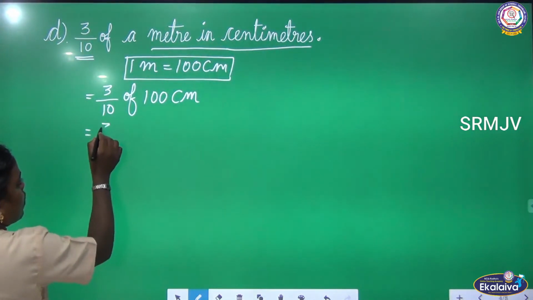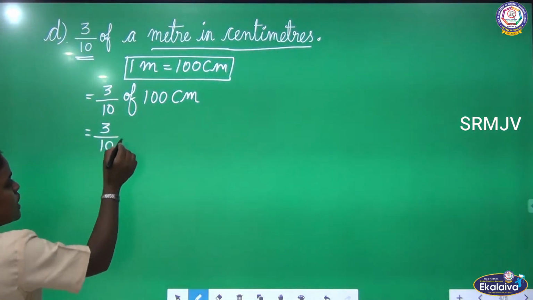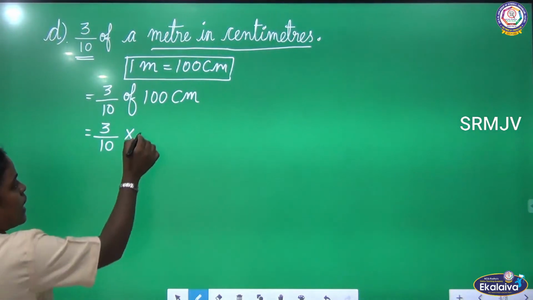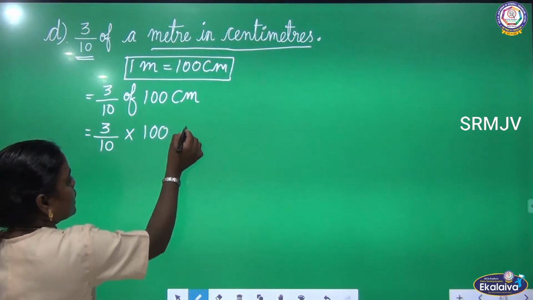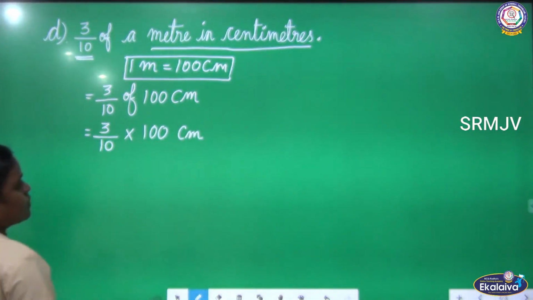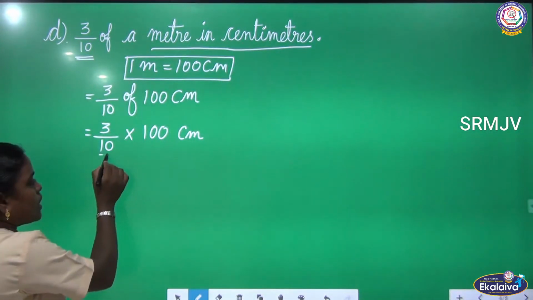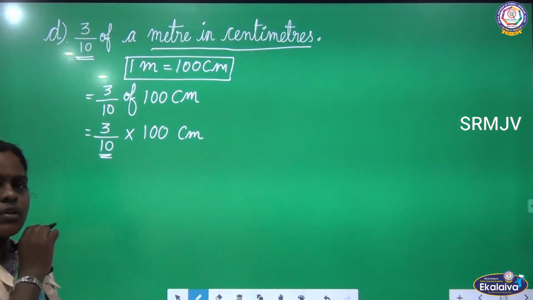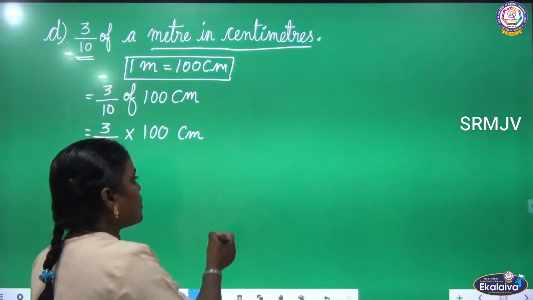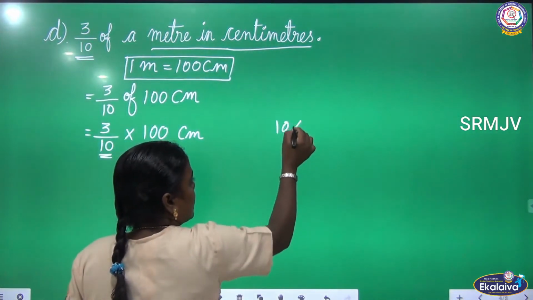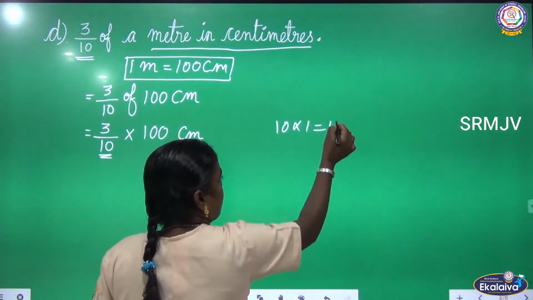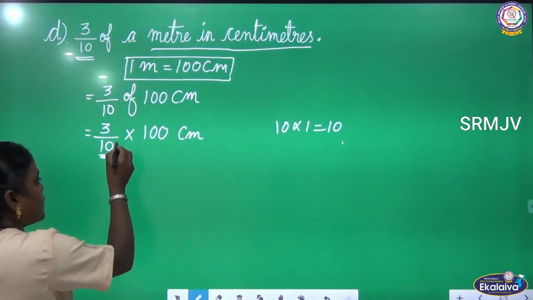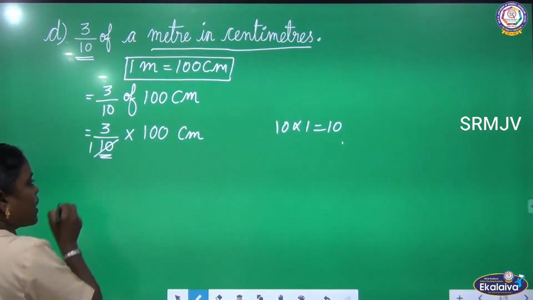So here we want to multiply the fraction 3 by 10 and the whole number 100 centimeters. So here the denominator is 10, so we have to use the 10 times table. 10 ones are 10. So now cancel the number and write 1.